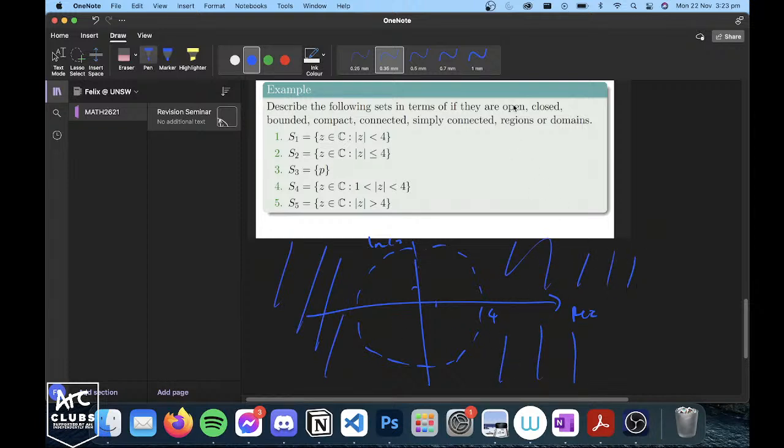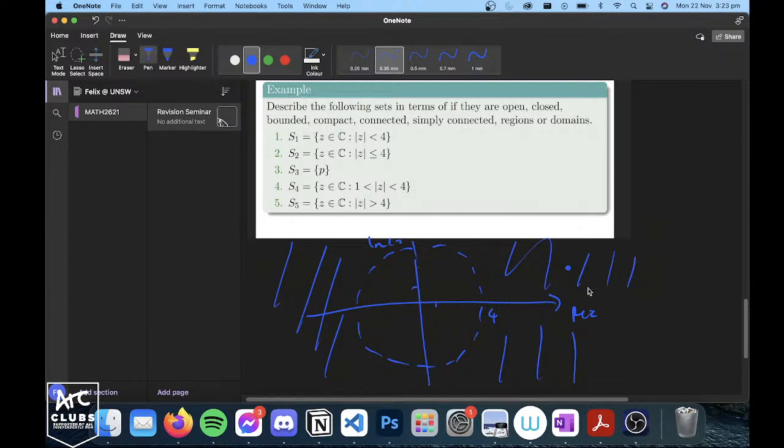And is it open? Well, it is open because all these points are interior points, because this is an open boundary. Also, you can think about it as the complement would be the modulus less than or equal to 4, so this would be set 2, which was in fact closed.